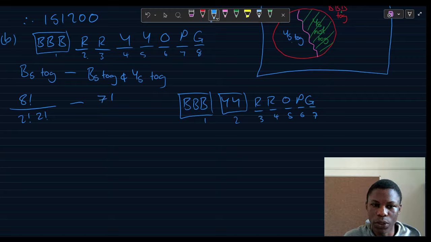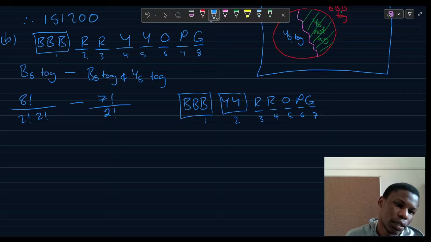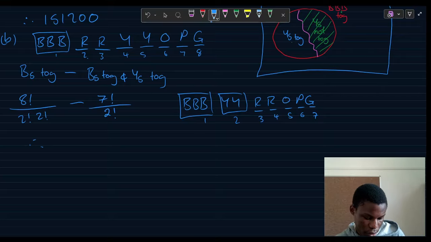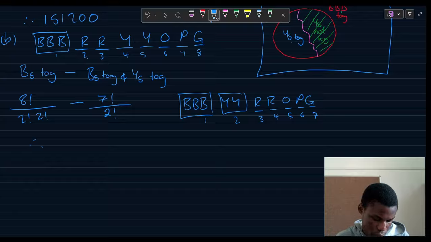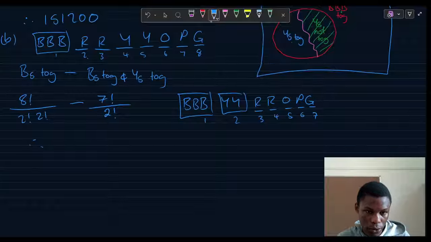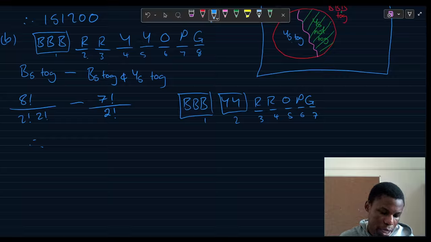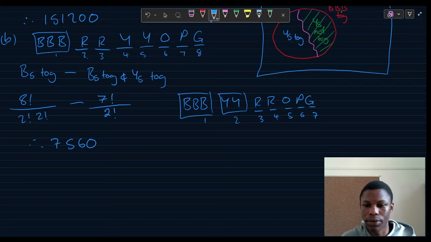So 7 factorial, and the R's appear twice, so divide by 2 factorial. So if we do this, this is 8 factorial over 2 factorial times 2 factorial minus 7 factorial over 2 factorial. And this gives us a total of 7,560. And that is our final answer.